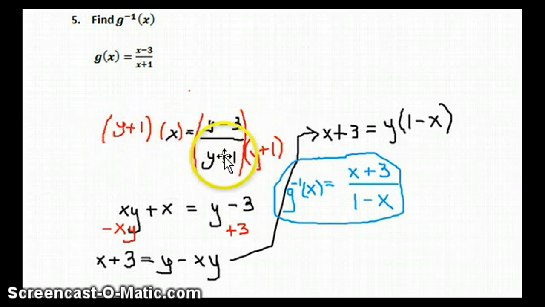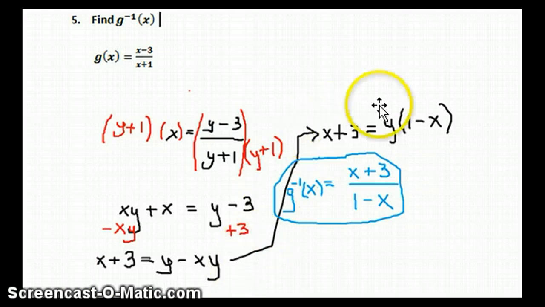And by doing that, I got xy plus x, because I distributed these two, equals y minus 3. And from there, I added 3 to both sides and subtracted xy from both sides, switched places. So I have x plus 3 equals y minus xy.